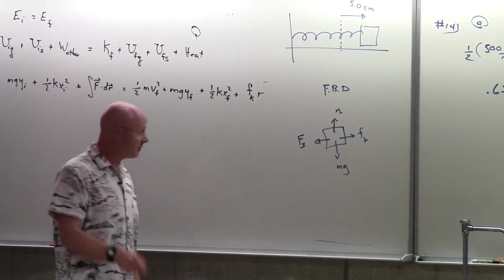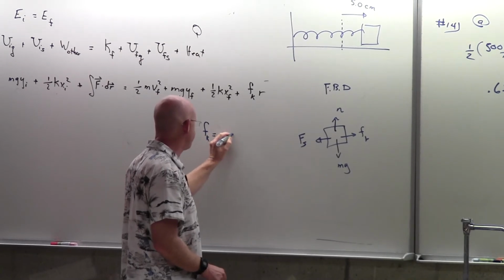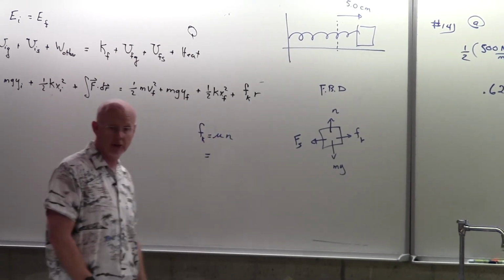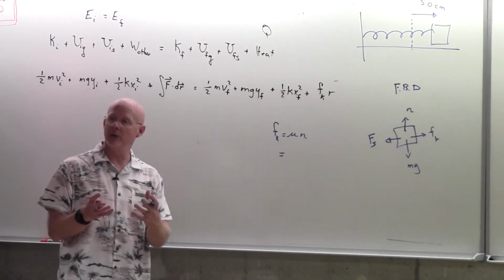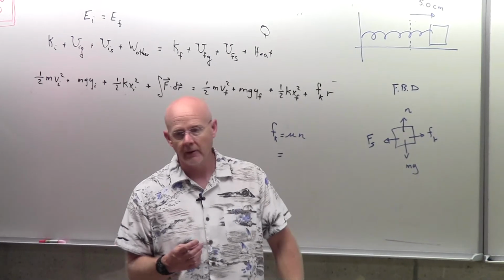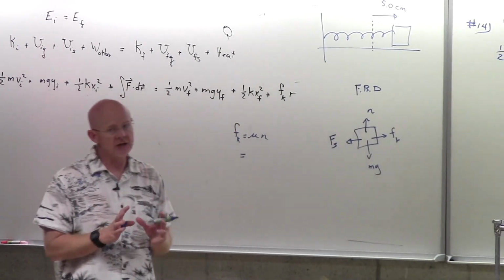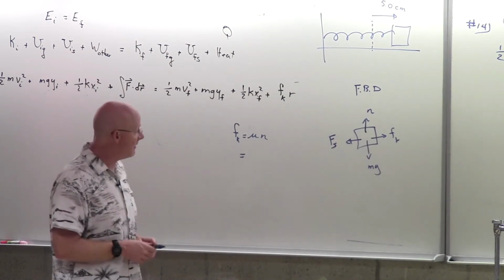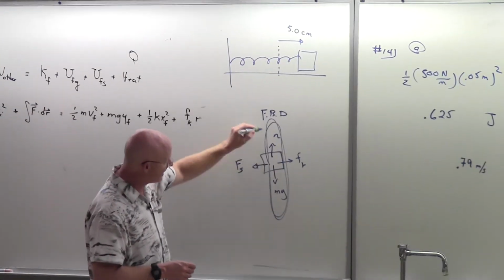But what I also know from chapter 5 is that the force of kinetic friction is the coefficient of friction times the normal force. Then they were nice in this problem to give me the easy one. I should ask it again as we're getting ready for the test. Is the normal force always equal to the weight? No. And in the harder problems, certainly not. But I wouldn't call this one of the harder problems. In this one, you can kind of see that there is only an up and a downward force.